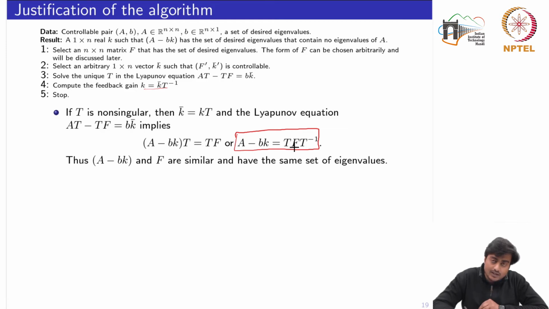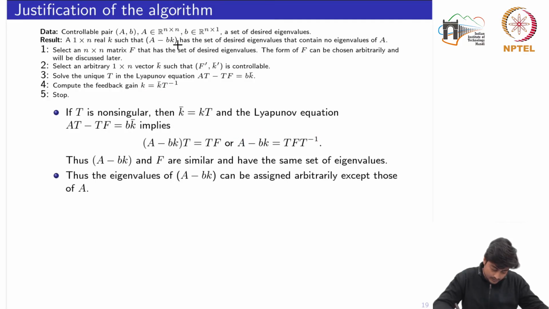So whatever eigenvalues we specify in the matrix F would definitely be the eigenvalues of the matrix A minus Bk. And this is what we expect as the result of this algorithm. Thus the eigenvalues of this matrix A minus Bk can be assigned arbitrarily, except those of A as well.